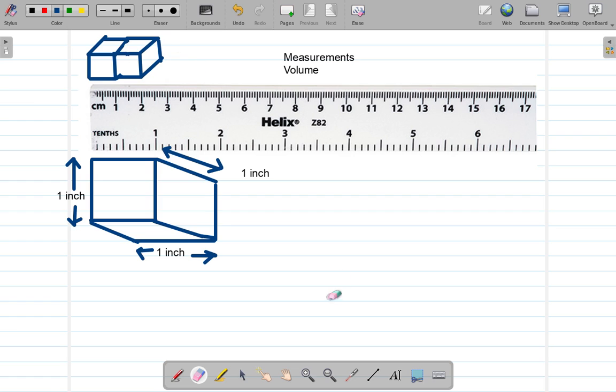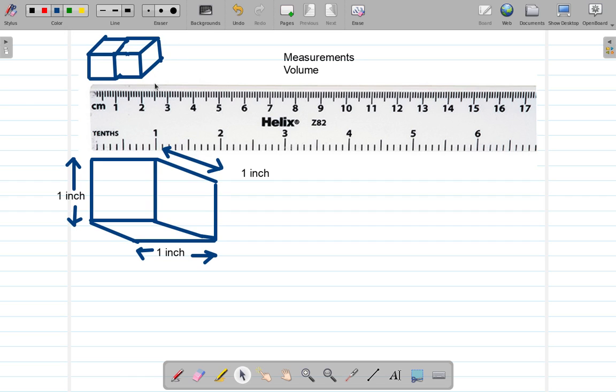Now we have 2 cubes stacked on each other. So the width now is no longer 1 centimeter. All of this is 2 centimeters wide. But at the same time, the height is 1 centimeter high, 1 centimeter long.